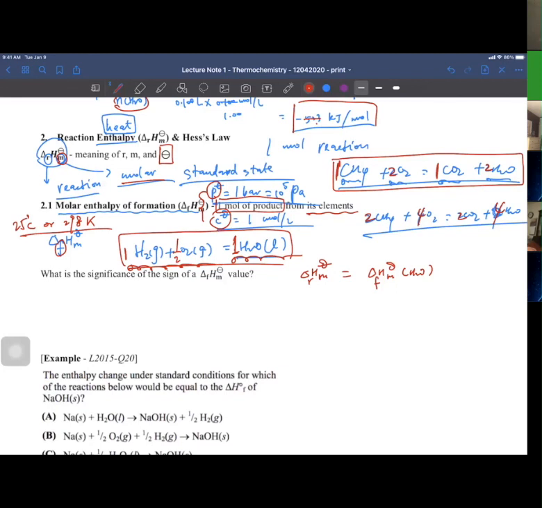So basically, we ignore this, but actually, there is something like this here. So all of the data are obtained at this temperature. So this is why the water is in the liquid state and the hydrogen and oxygen are in gas states.